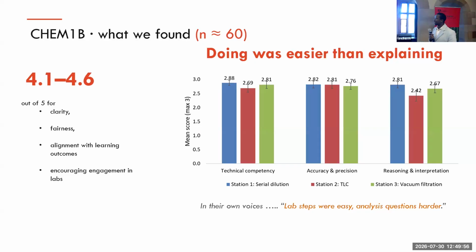We also looked at the students' scores, with all these dimensions that we are looking at. We found that generally students could actually complete the steps. We have lab manuals, they've done this many times, so they can carry out a titration, they can carry out a dilution.